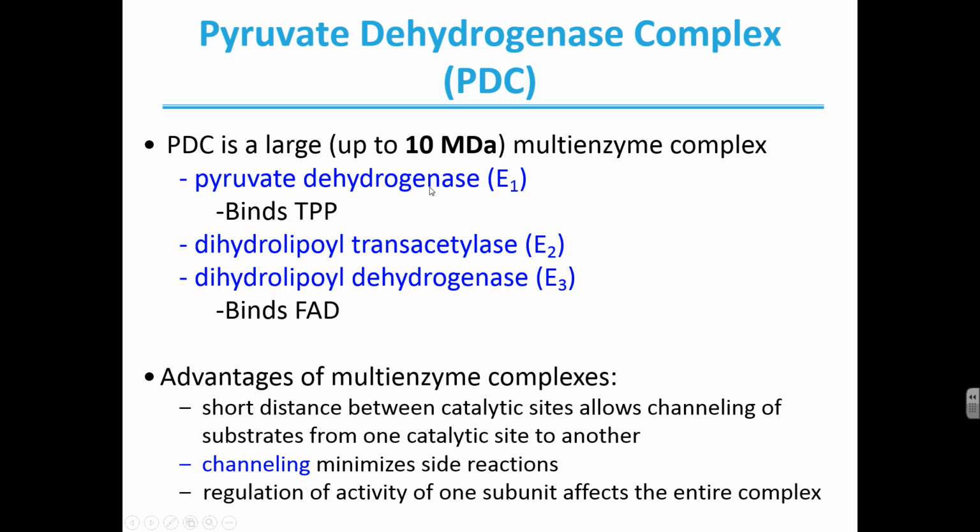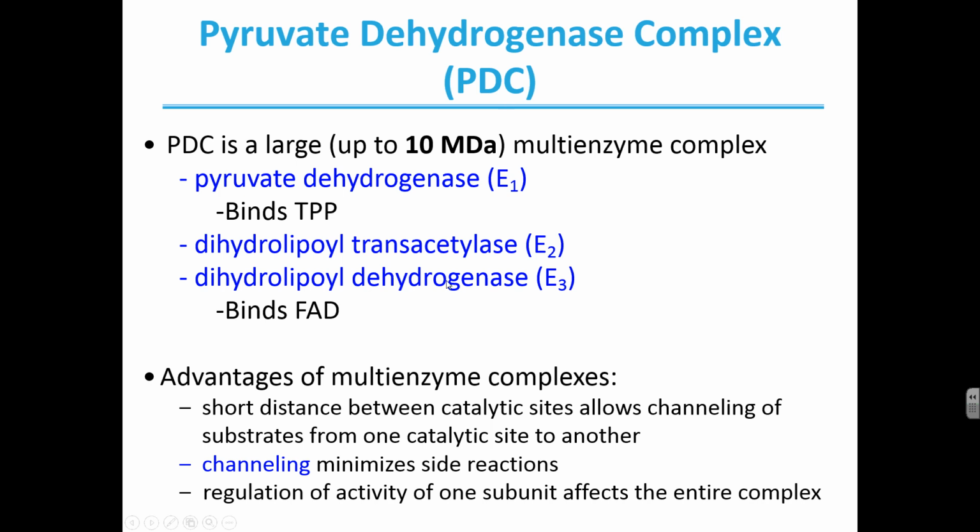It's a dehydrogenase, so this is where we're going to pull some electrons from pyruvate. E2 is dihydrolipoyl transacetylase. This is going to be the portion of the enzyme that has the lipoyl lysine residue, and it's going to be transporting the acetyl group from the original pyruvate so that we can release it as acetyl-CoA.